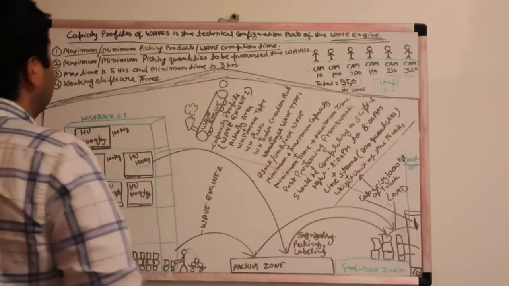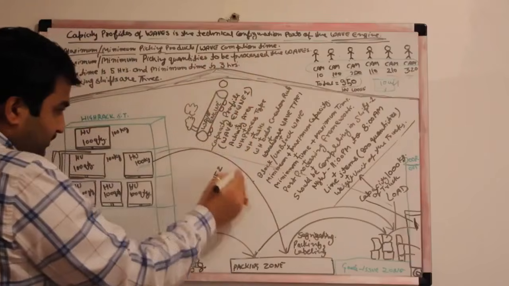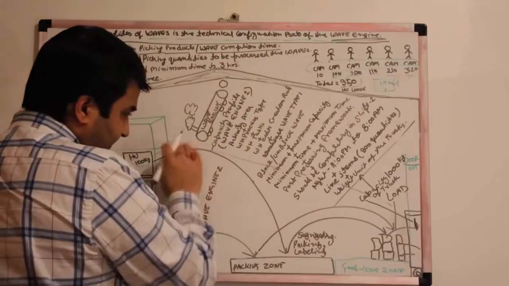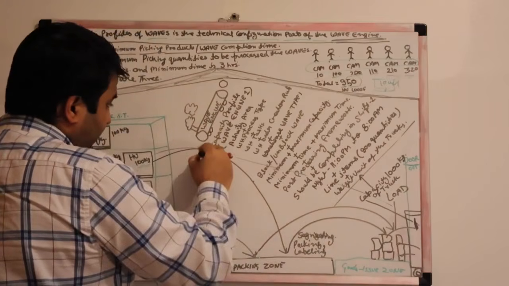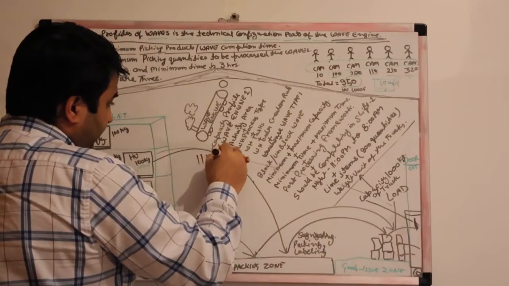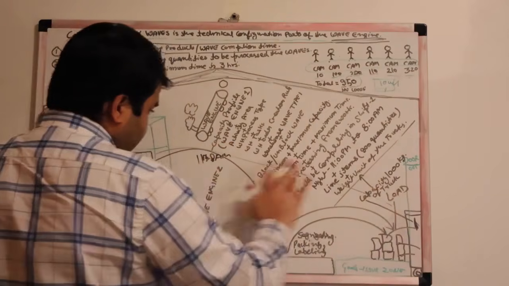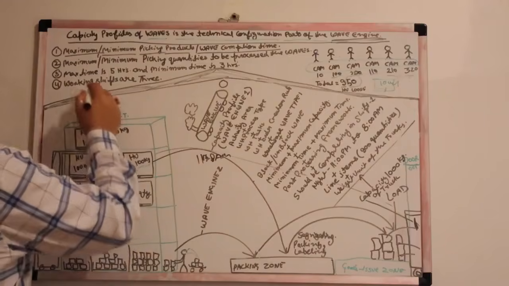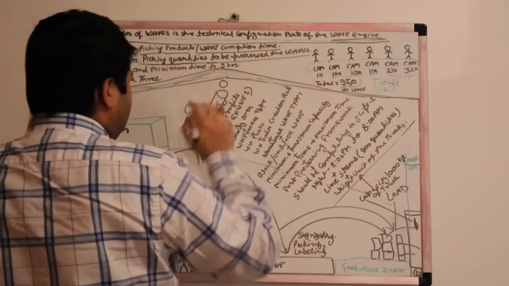So the wave engine, wave completion time. Suppose wave 1 should be completed at night time, 11 p.m. to 8 a.m. I need this first wave process to be completed in that time. Then maximum and minimum picking quantity to be processed in a wave.